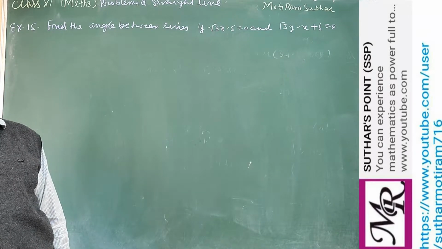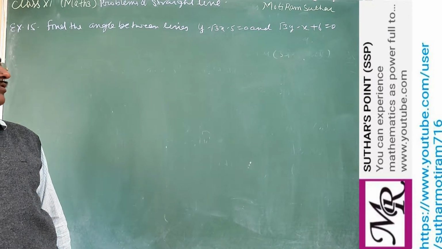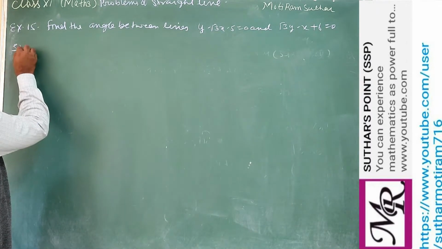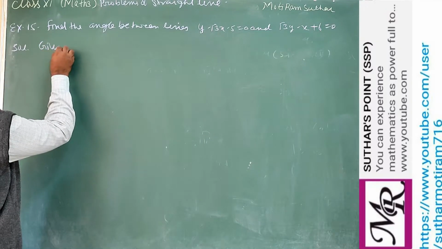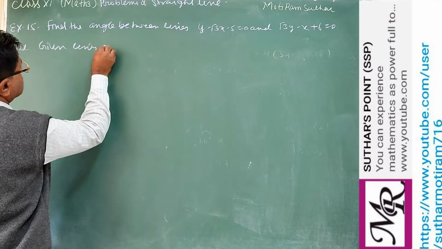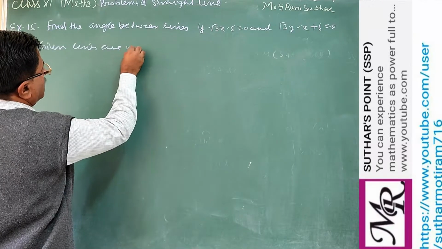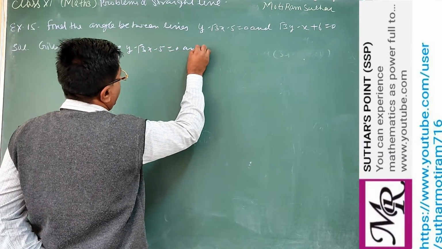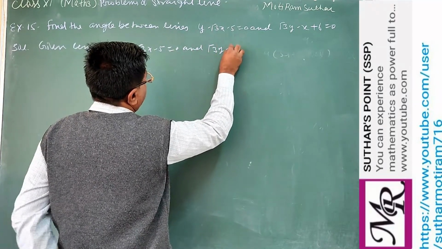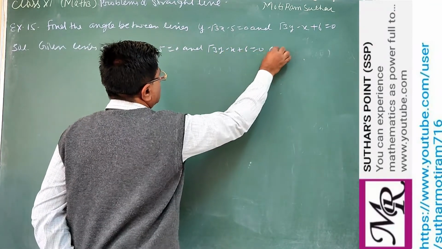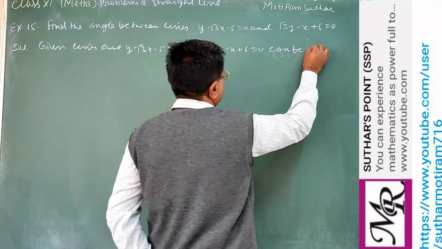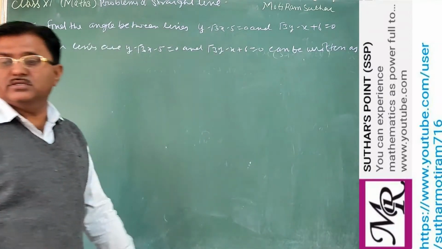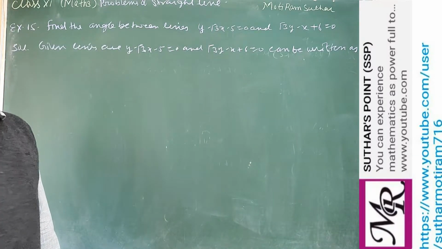For that formula, we need the slope form. So first of all, you have to convert these lines into slope form. So you write the solution. Given lines are y minus root 3x minus 5 equal to 0 and root 3y minus x plus 6 equal to 0, which can be rewritten as we can write this line in slope form.